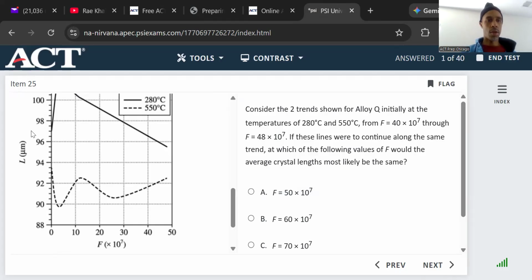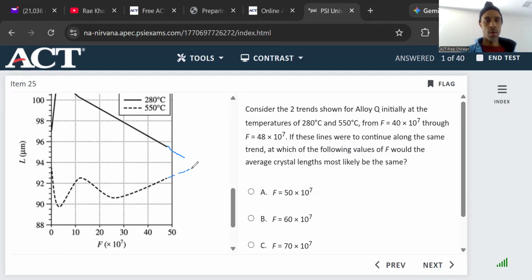Okay, so if we continue the trend, this was going to trend like this, and then this other line is going to continue like this, right? So these lines will continue along the same trend at which of the following values of F with the average crystal length most likely to be the same? When are they going to meet?